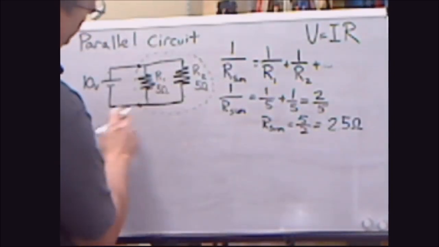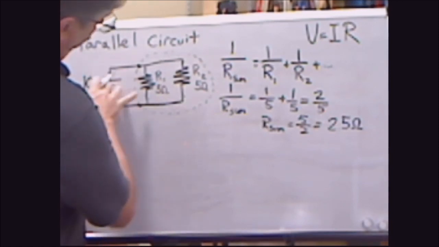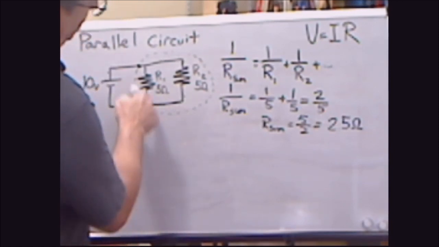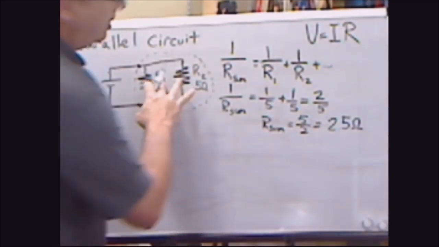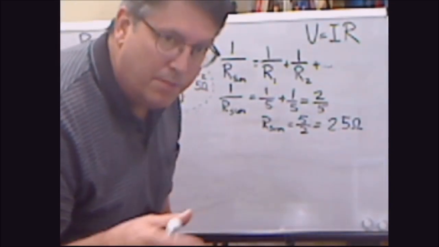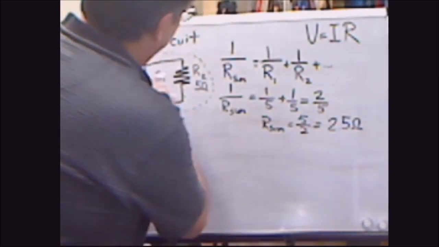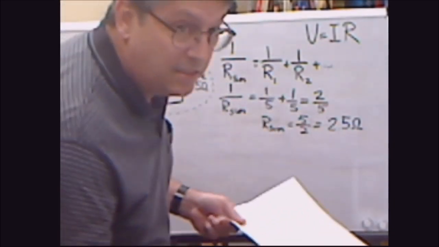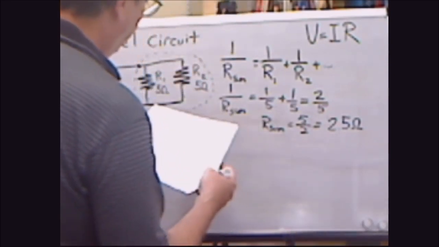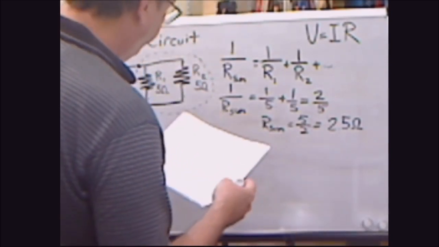So you can see that the current that's going through here gets to split off, and half of it goes through there and half of it goes through there. Each of them contributes some resistance, but because the current gets divided in half, there's less resistance to the current because it's got more paths to go through.